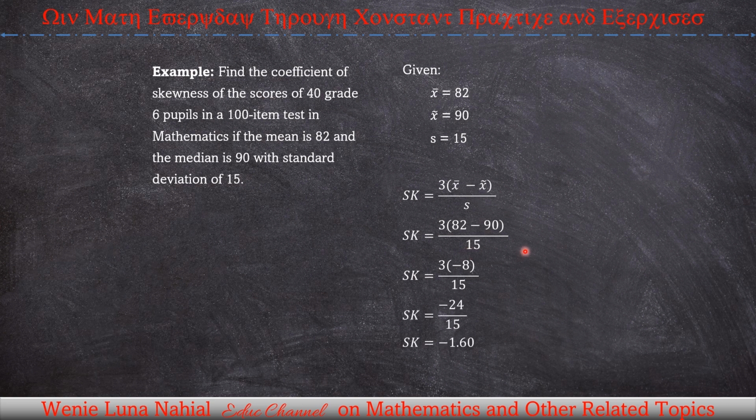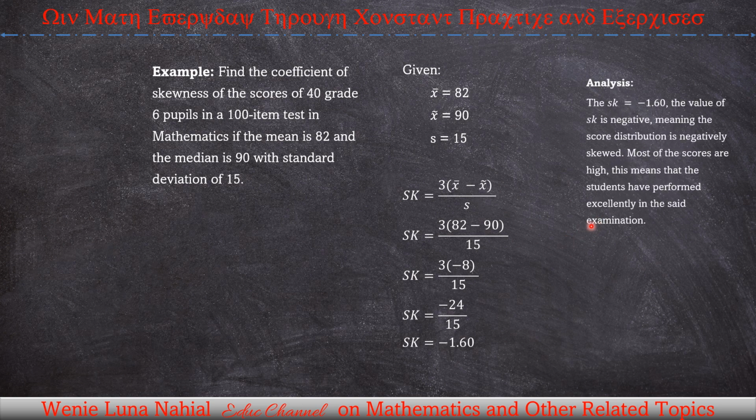Divided by 15, you get negative 1.60. So our sk value is less than 0. This value of sk, which is negative, implies that the score distribution is negatively skewed. Most of the scores are high, and this means that the students have performed excellently in the said examination.